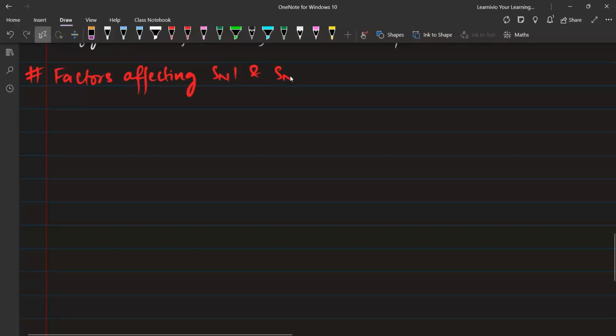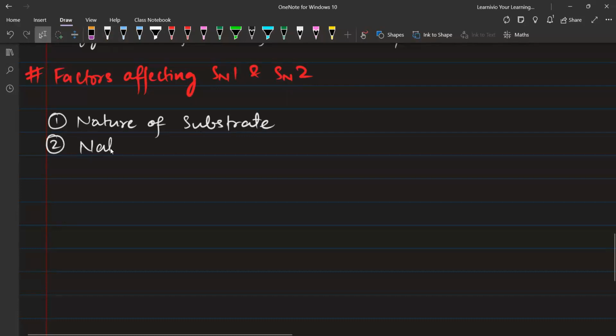SN1 and SN2. So we are going to look at few factors. एक वो देखेंगे नेचर ऑफ substrate, then we will look at nature of leaving group, effect of solvent.